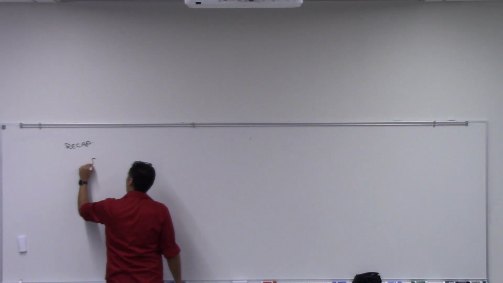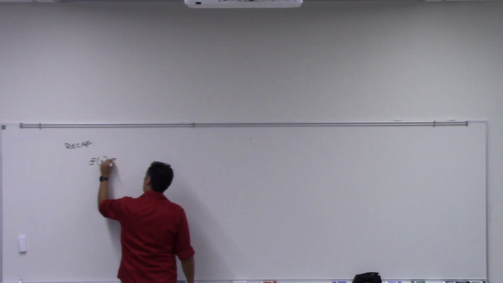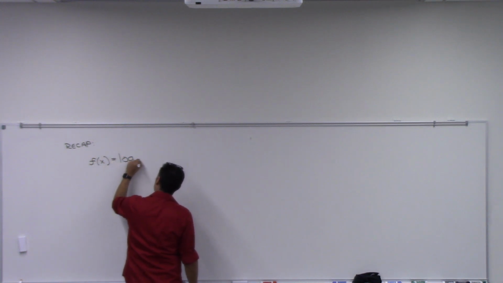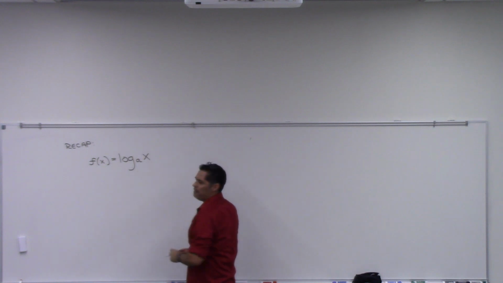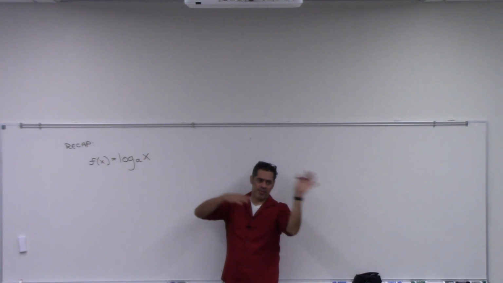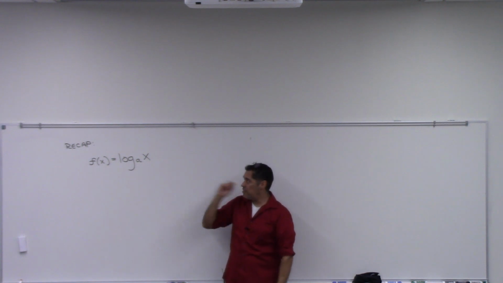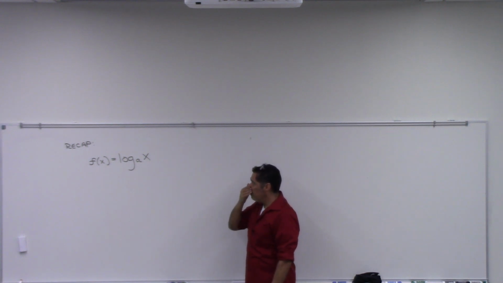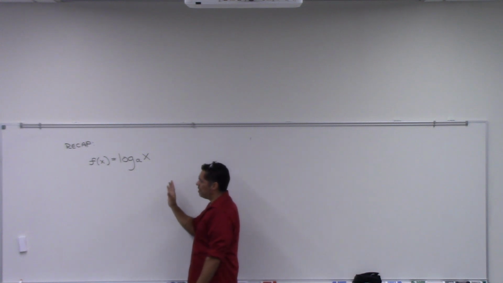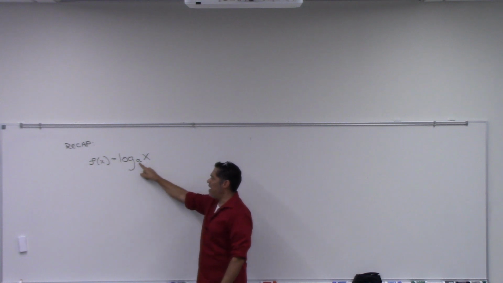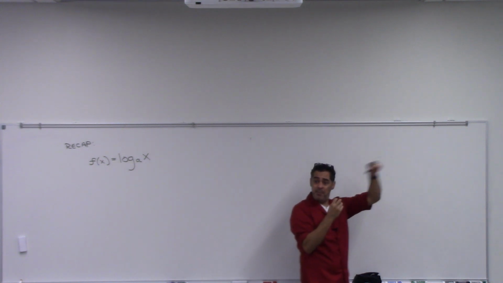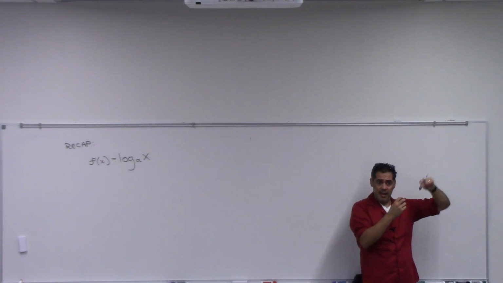If we write f of x equals log base a of x, this is just some function, right? Now we know this is the inverse of something else, but just by itself, it's a function. And we have some conditions here that I didn't talk about before. This a, that base, didn't that come from the exponential function a to the x?